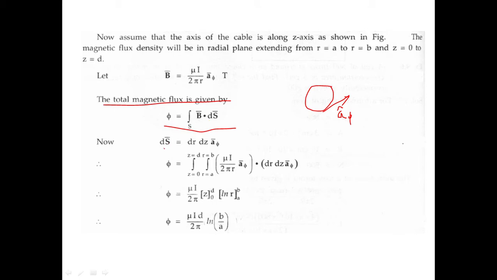So now what is ds? When you want A phi as the unit vector, in the cylindrical coordinate system it will be of this form, and this will be A phi.